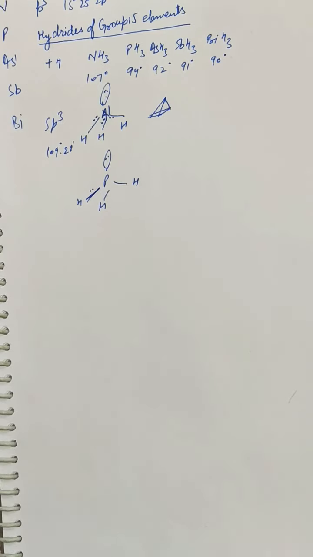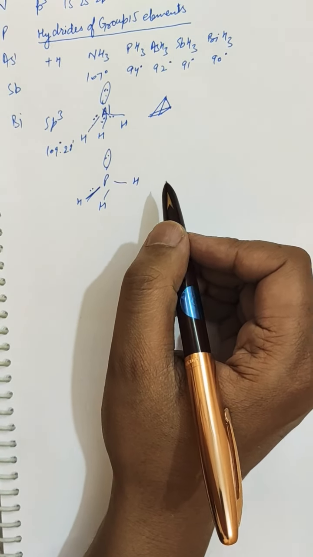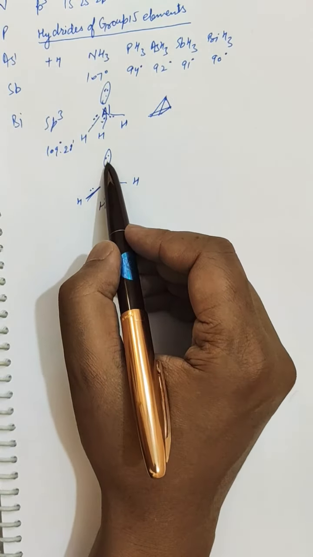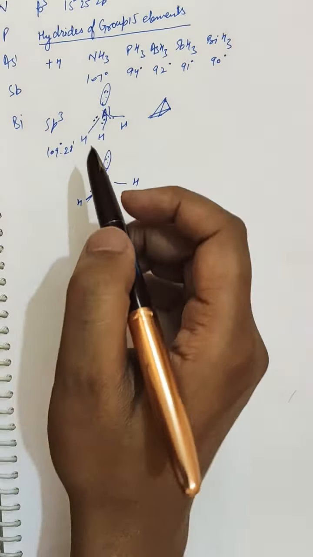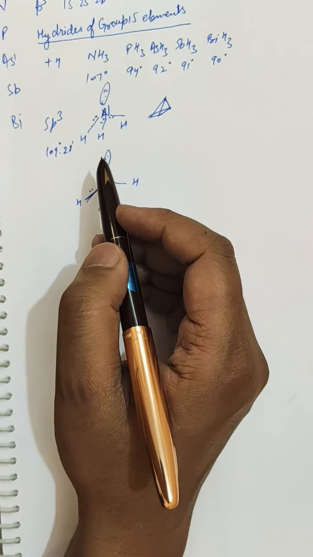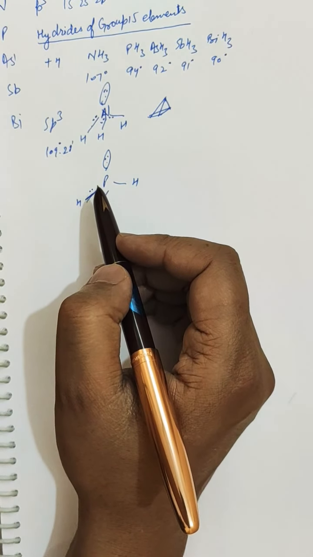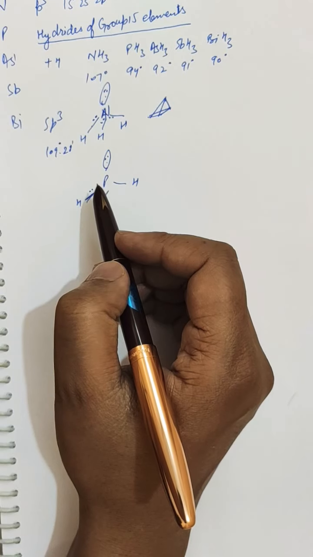Further, there are other comparative characteristics of hydrides of group 15 elements. Basic strength: all these hydrides have one lone pair of electrons on the central atom, therefore they act as Lewis bases. They can donate an electron pair to electron deficient species. As we go down the group, the basic character of these hydrides decreases.